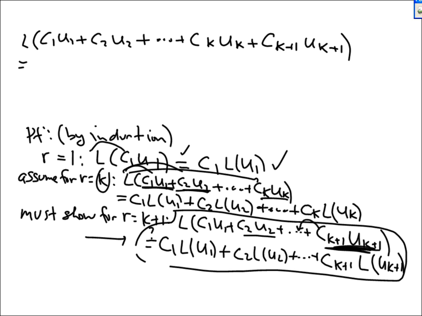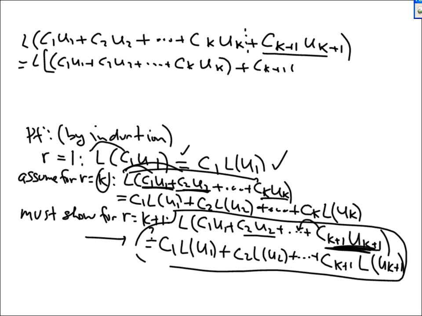Now, a little bit more space, L of this sum. L of C1U1 plus C2U2 all the way up to CK, UK. Now think of that as one vector. So that went up to here, plus that vector, plus CK plus 1, UK plus 1.